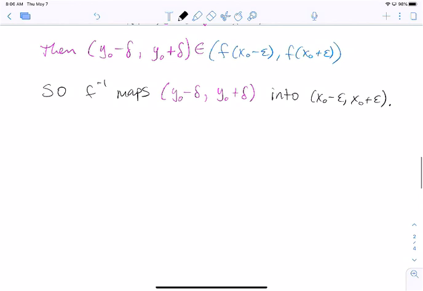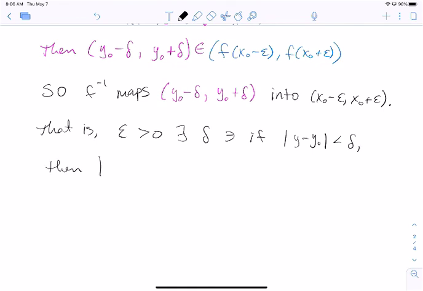Another way to put what we just wrote is: for epsilon greater than 0, there exists a delta such that if the absolute value of y minus y naught is less than delta, then the absolute value of f inverse of y minus f inverse of y naught is less than epsilon. If you were to refer back in the textbook to the definition of a limit, then you would see we just satisfied it.